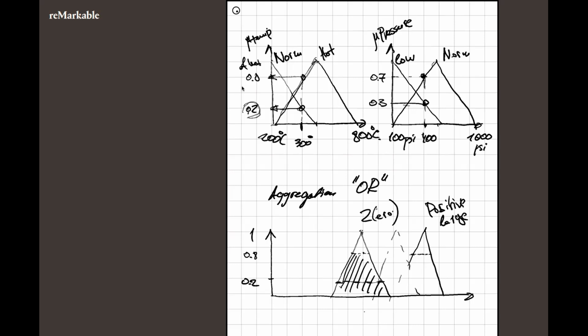Okay, and now you need to do the final step, which is defuzzification. For defuzzification, you need to compute a common value for all activated areas, and there are different ways of doing that.